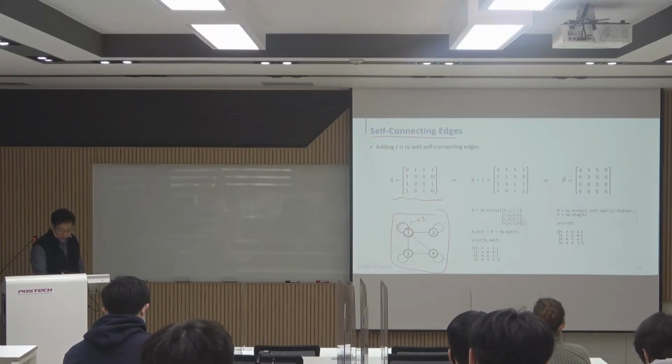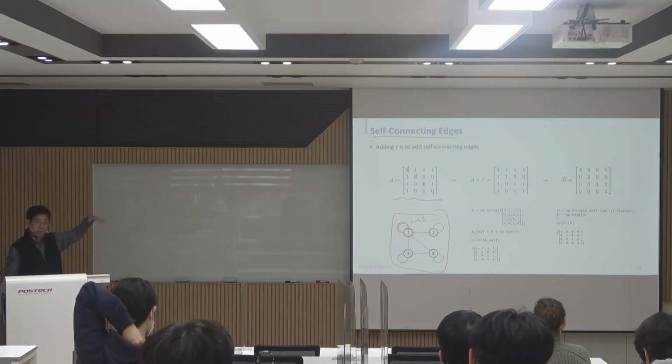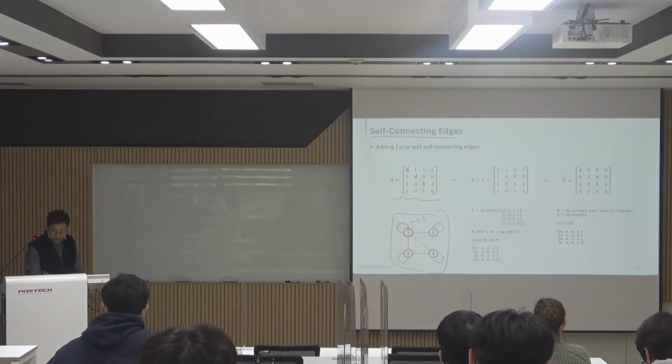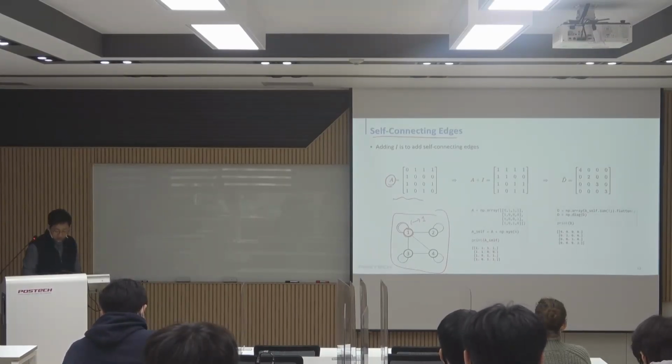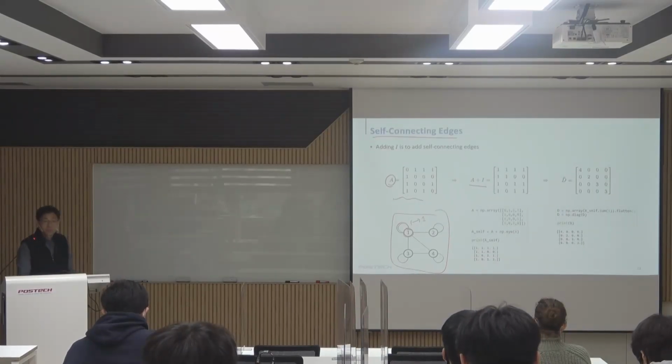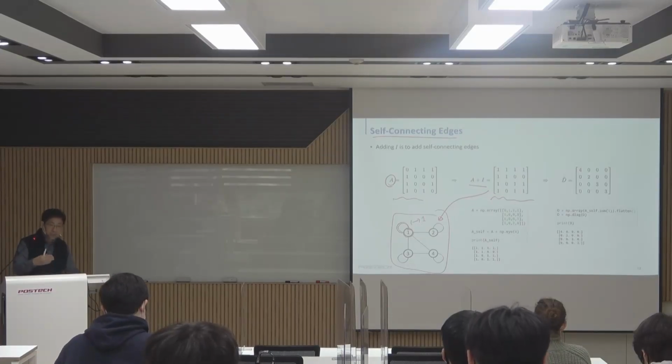So we have to add 1 in the diagonal. In mathematical representation, given the A matrix, if we add the identity matrix, this represents the self-connected edges added into the original graph.